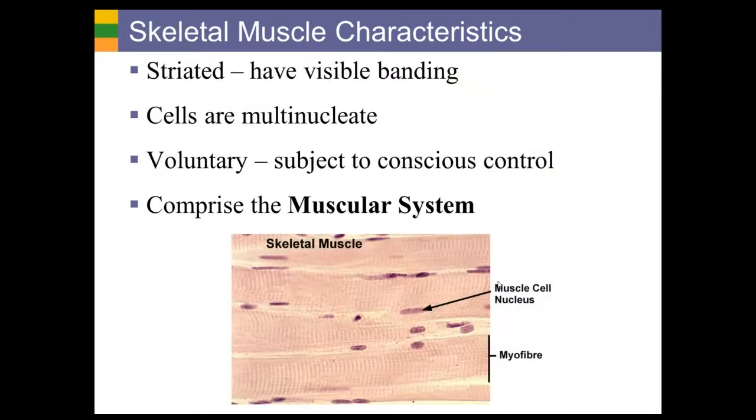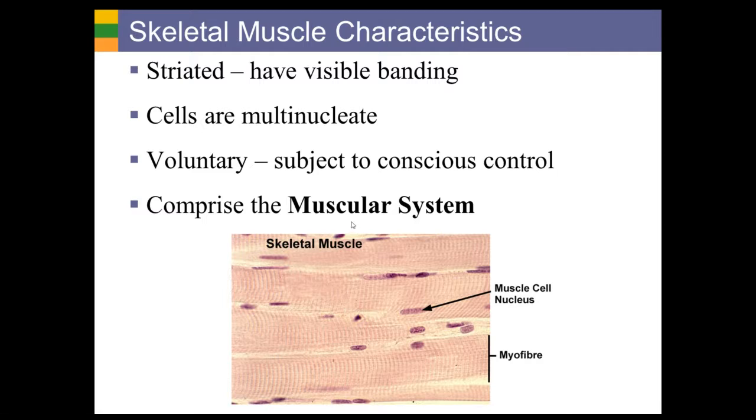Lastly is skeletal muscle. Skeletal muscle, like cardiac muscle, is striated. They are multinucleated, meaning they have multiple nuclei. Cardiac muscle cells have one or two. Smooth muscle only has one.